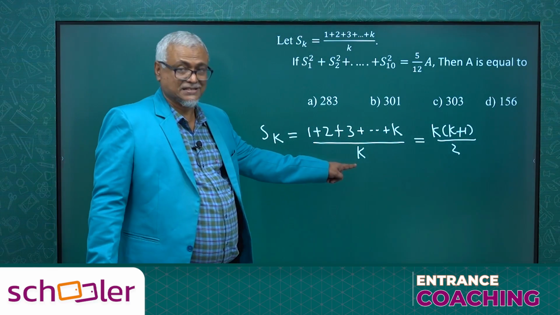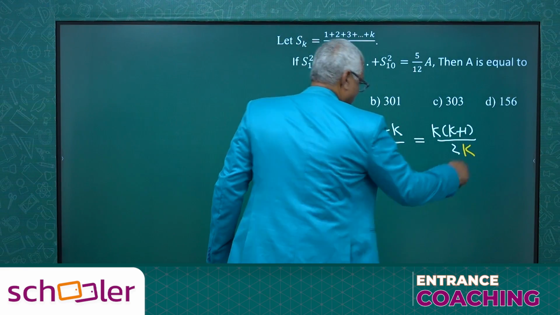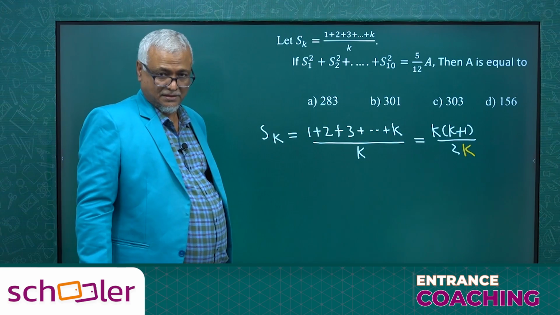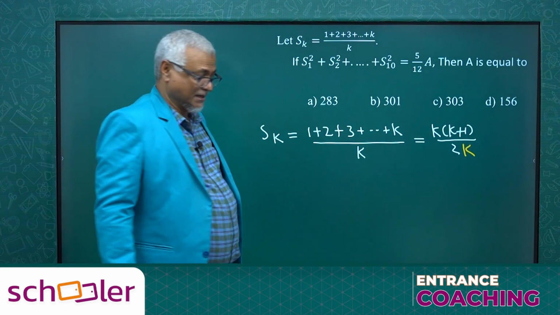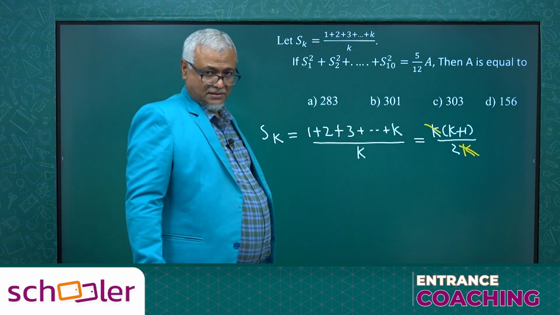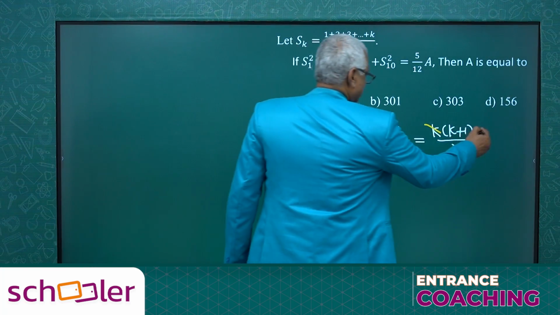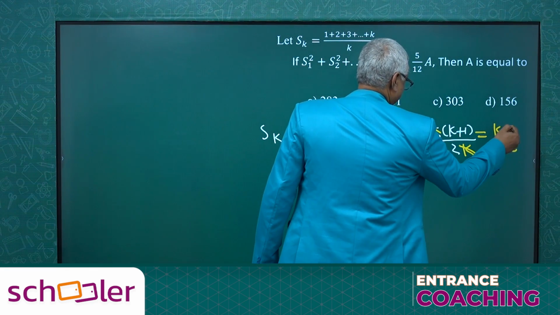Of course, here is a k, by k means into k. That does not come to the numerator, it is again in the denominator. This k and k cancelled. Then this becomes k plus 1 by 2, very simple kth term.